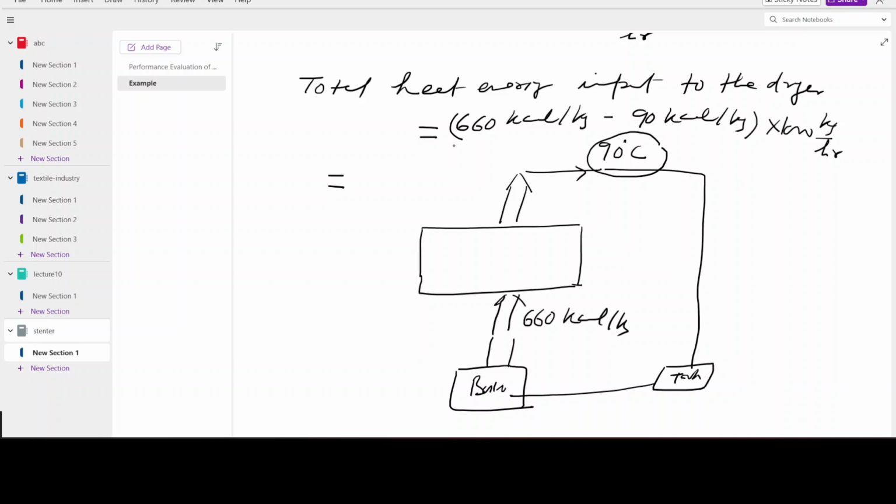So we find the total heat energy input to the dryer. This comes out to be 5,70,000 kilocalorie per hour. Okay.